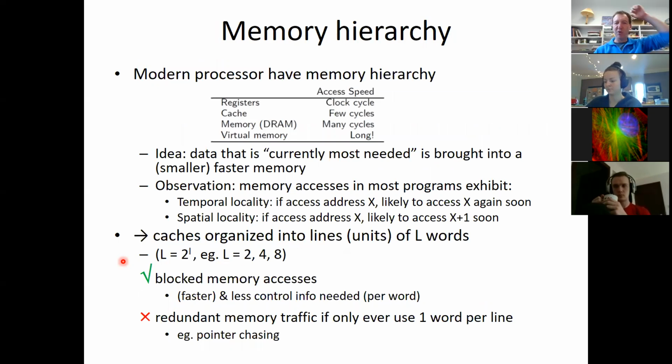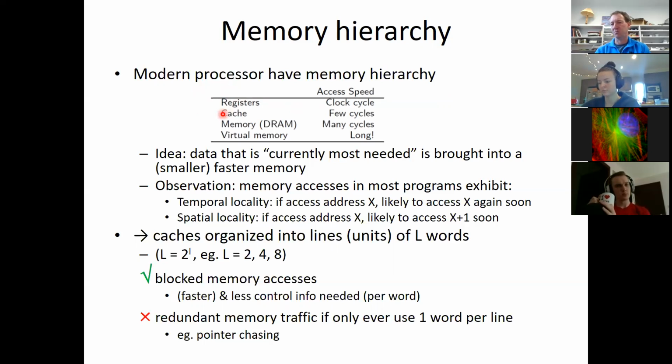In terms of memory hierarchy, we already heard there is faster access to caches, but it's more expensive. Modern processors have a memory hierarchy which tries to make a compromise between speedy access and the cost it takes to produce the CPU. So the memory is organized in hierarchies. You have registers, which only need a few clock cycles to access.